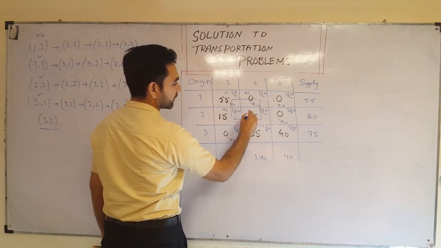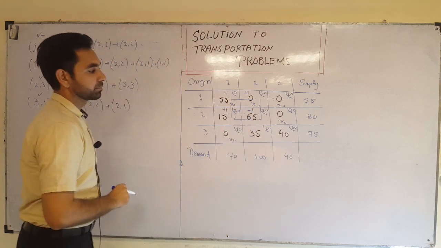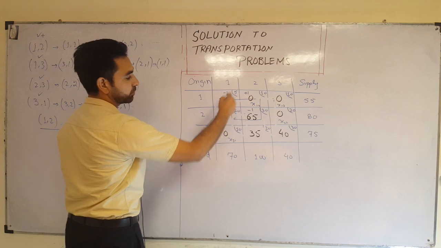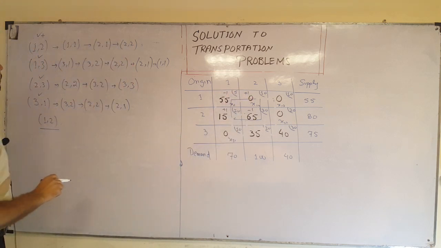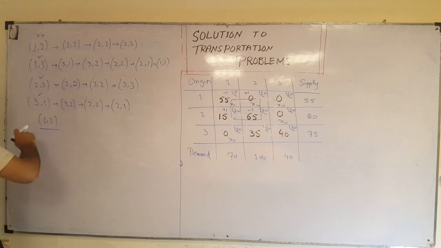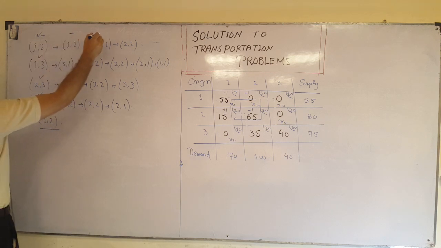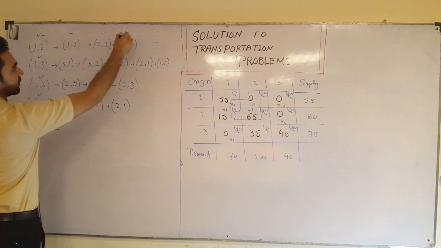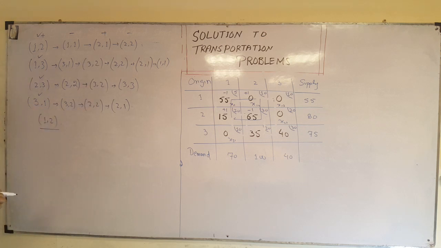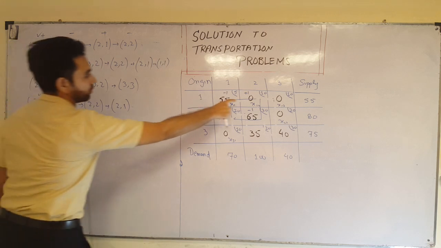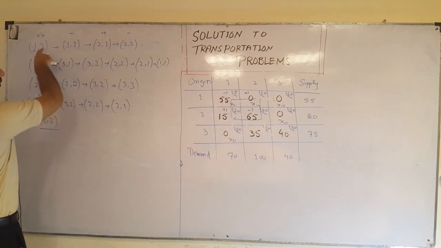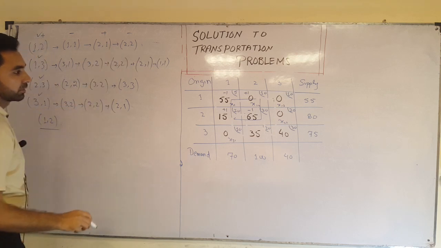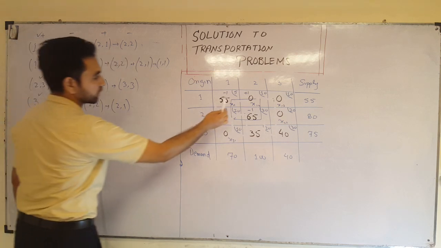So we have to subtract that from the supply. So you have to add and subtract in that manner with each and every loop. So plus, minus, plus, minus, plus, minus.